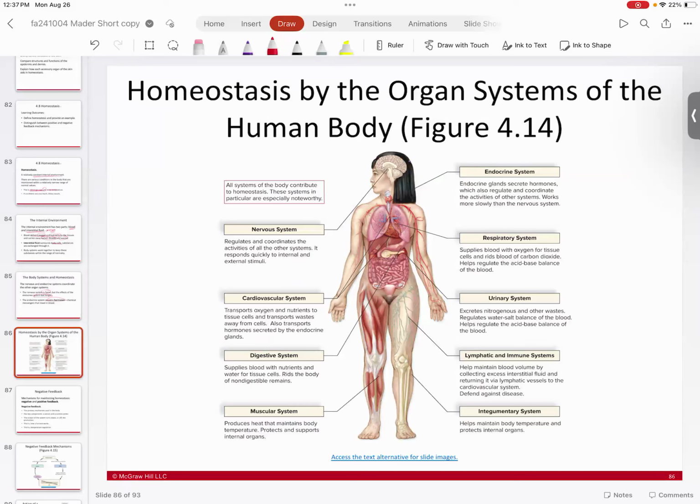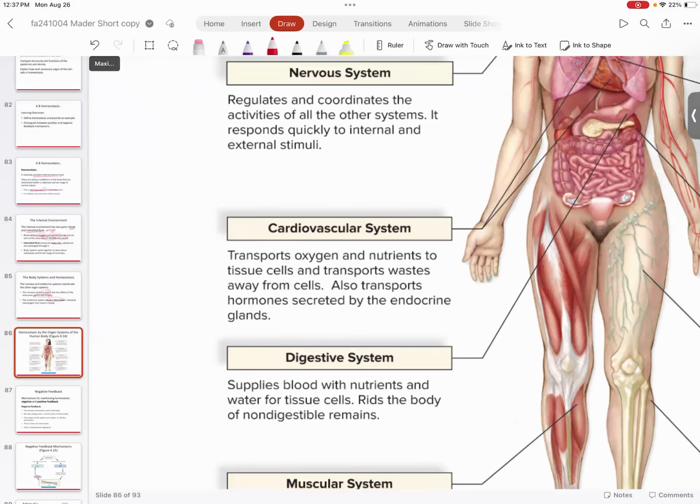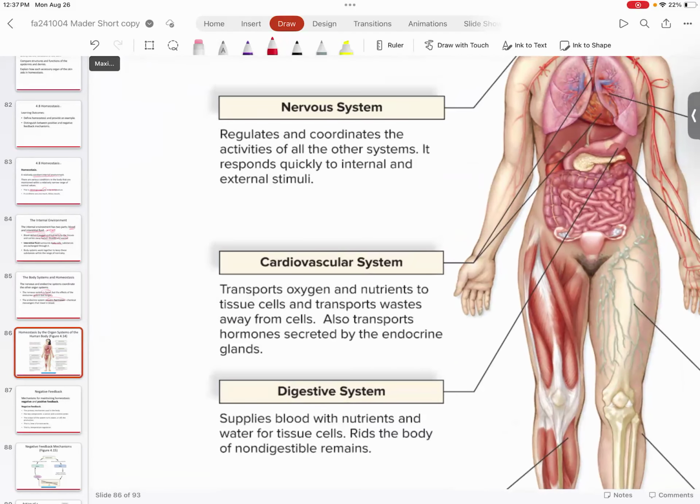This is kind of like homeostasis by organ. The nervous system is a regulator and a coordinator, as is the endocrine system. The respiratory system will supply oxygen and take up CO2. The cardiovascular system will transport that oxygen and the nutrients to the cells. The digestive system supplies the blood with nutrients for those tissue cells. The urinary system will excrete the nitrogenous wastes associated with what the system picked up.